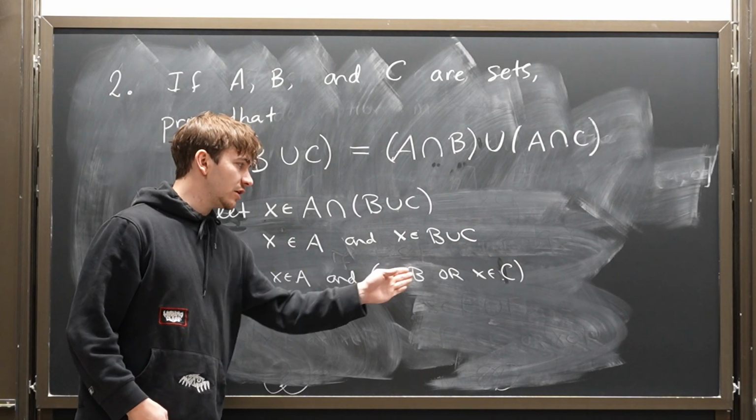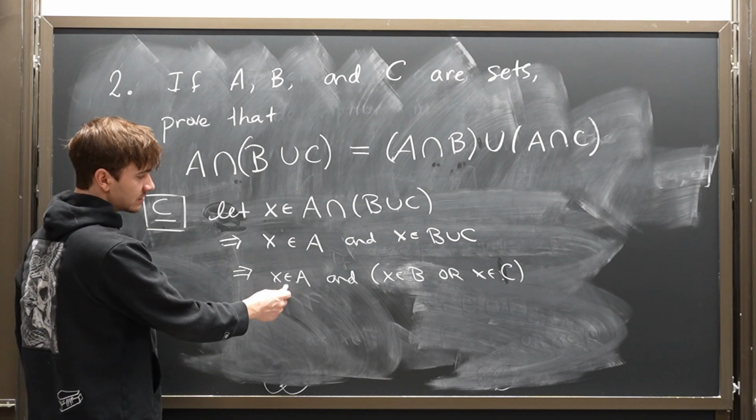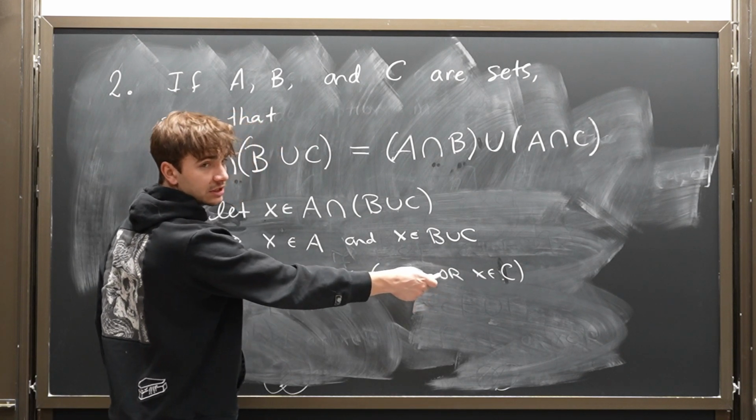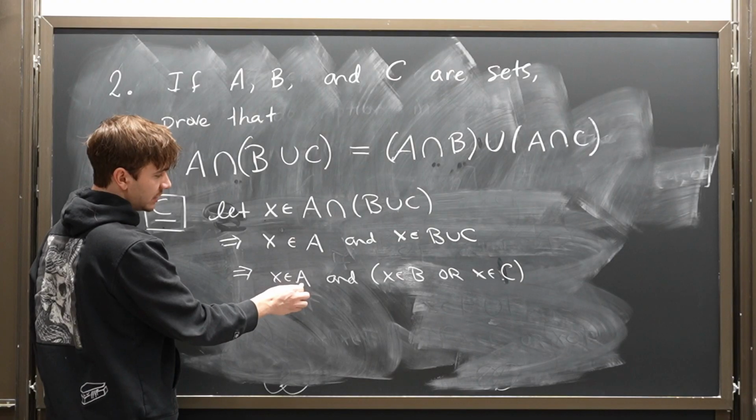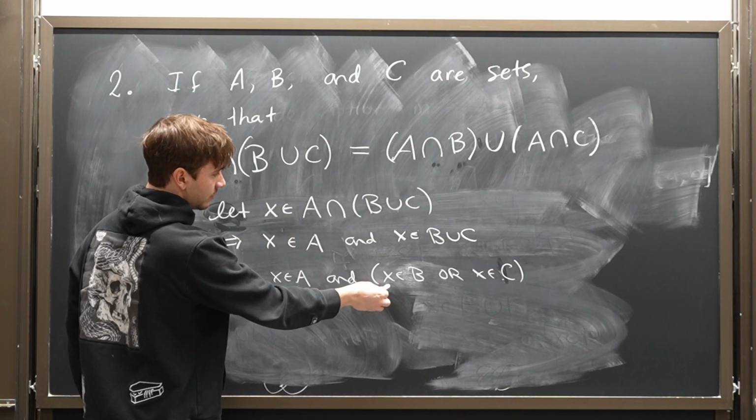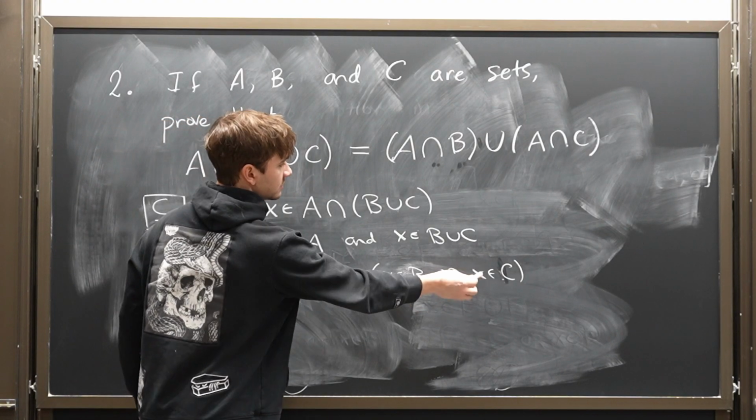And so then this tells me that if x is in A and it's either in B or C, then x must be in A and B, or x must be in A and C.